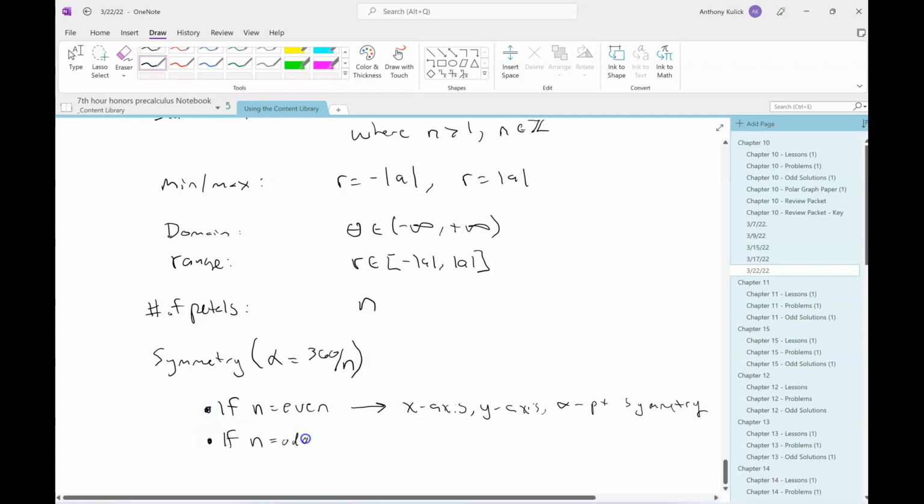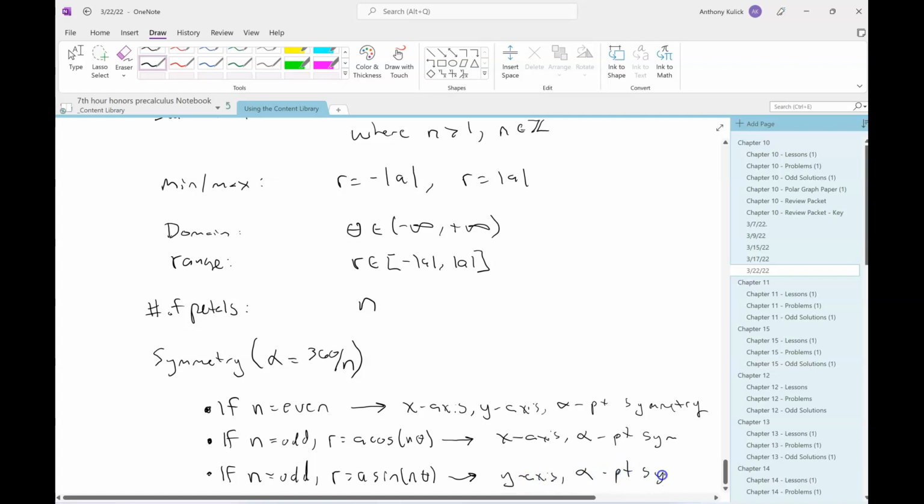If n is odd and we have the cosine version, we get x-axis symmetry and alpha point symmetry. And then if n is odd, but we have the sine version, we have y-axis symmetry and still alpha point symmetry.